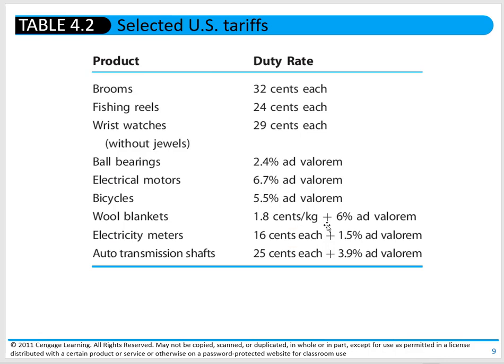And then you have here the compound tariffs. For example, wool blankets, you pay 1.8 cents per kilogram imported plus 6% of the value of those blankets. Similarly, for the electricity meters, 60 cents per each one imported plus 1.5% of its value.